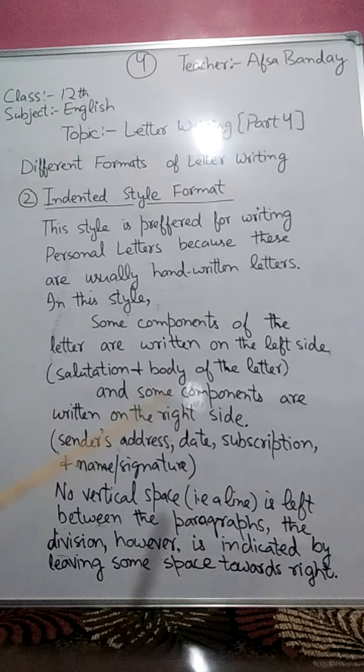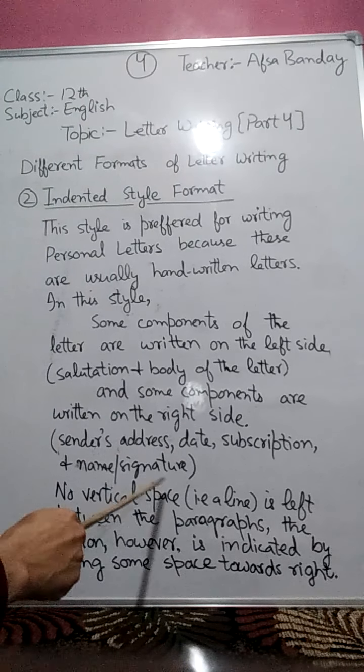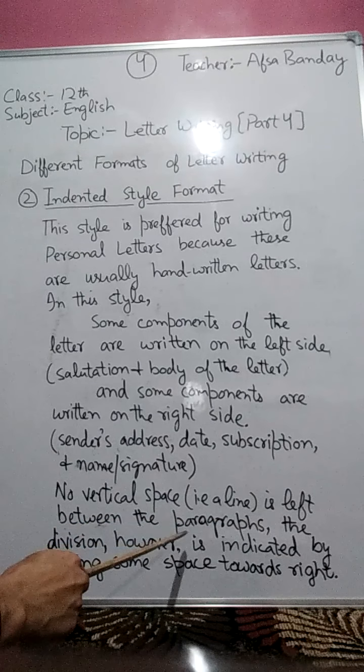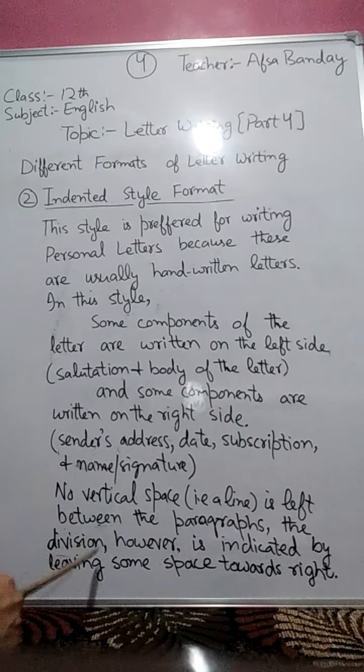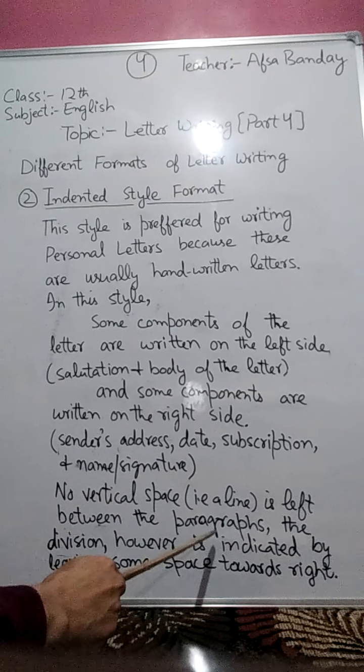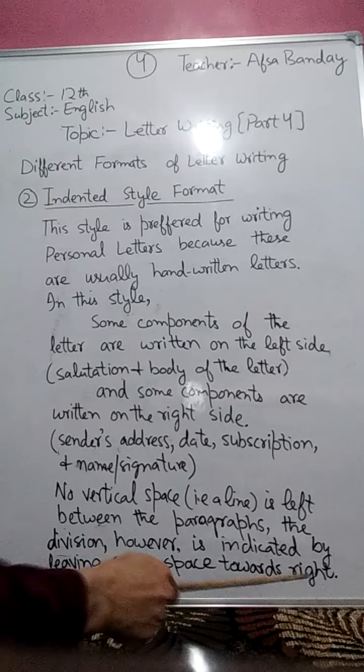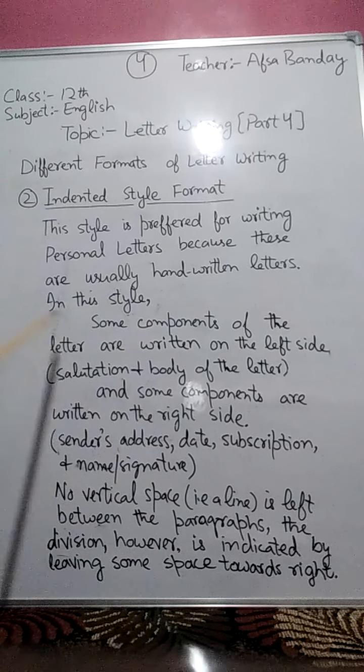In this style, when we come to the body of the letter, no vertical space, that is a line, is left between the paragraphs. The division between the paragraphs, however, is indicated by leaving some space towards the right.